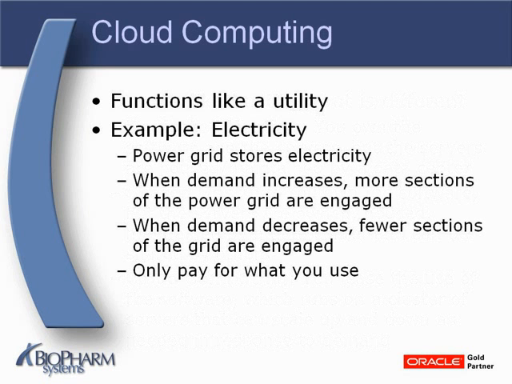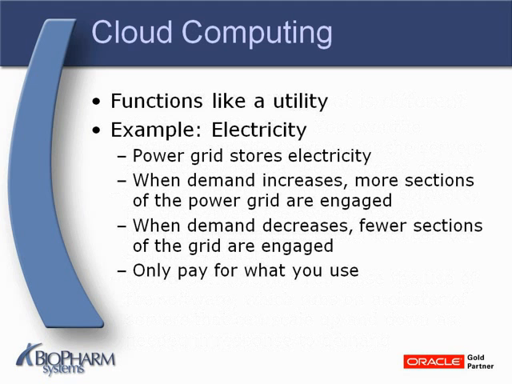Here is a fairly common example that further explains cloud computing. It essentially functions like a utility, like electricity. The power grid stores electricity, which is available to all subscribers at all times. When the demand for electricity increases, such as during the workday, more sections of the power grid are engaged to supply power.